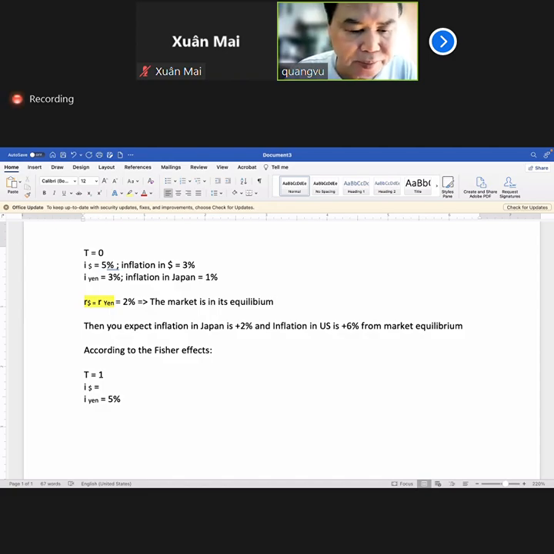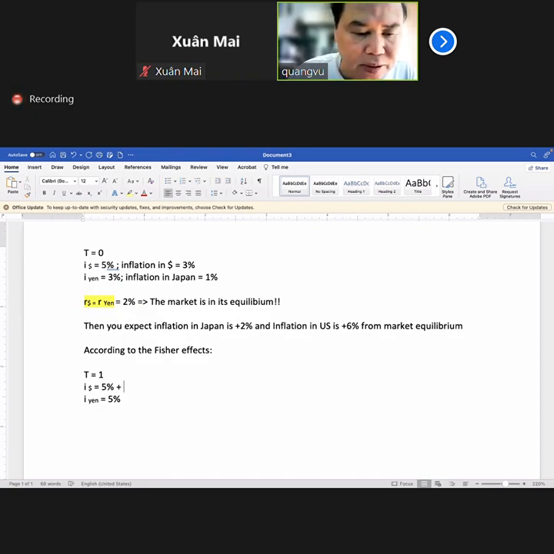And then we expect inflation in Japan goes up 2%, and United States goes up by 6% more, or 4% more. And then what happened then? According to the Fisher effect, we should expect the nominal rate in United States to go up by how much? By 5%.